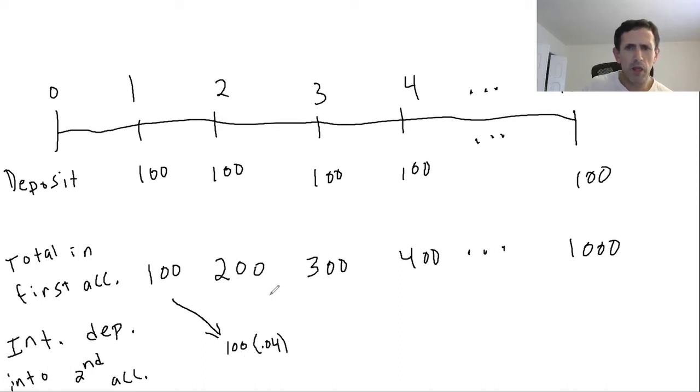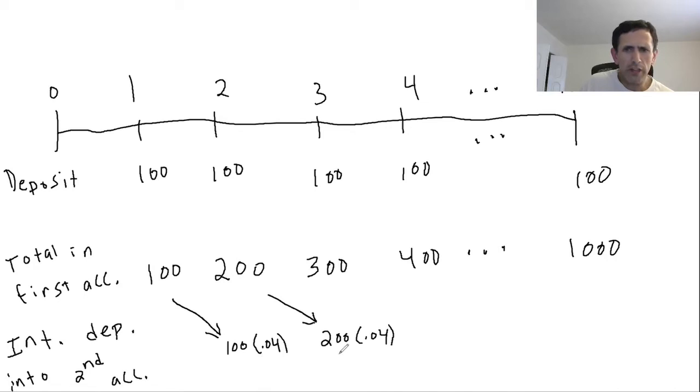Okay. Now let's do the same thing for years 2 to 3. So there's 200 in the account from 2 to 3 right before we added 100 at the end of the third year to get 300. So that 200, it's still 4% interest. So it's 200 times 0.04, and this is something you really want to remember.